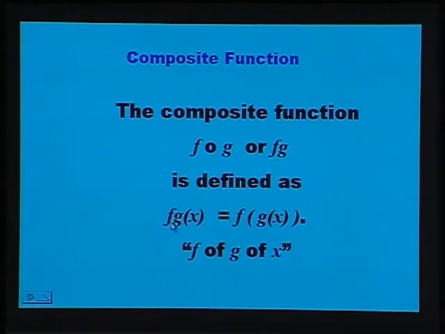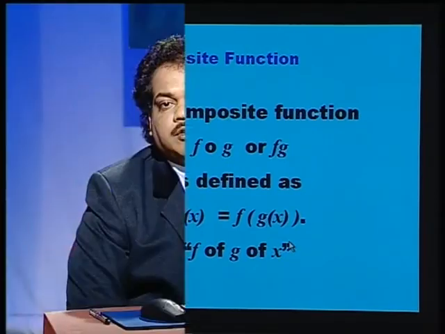It will be defined as follows. (f∘g)(x) is f of g of x. We are going to read it as f of g of x. Note that we can combine two functions to obtain various composite functions. For example, if you have two functions f and g, you can combine them to obtain a composite function fg or gf or ff, ffg, ggf.